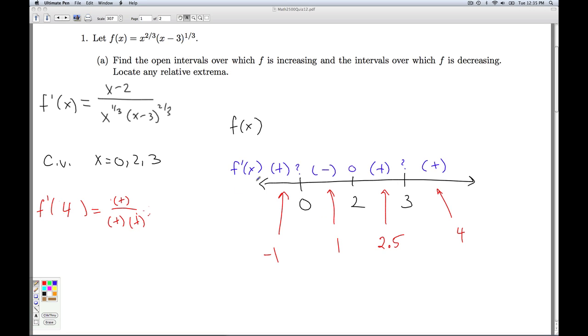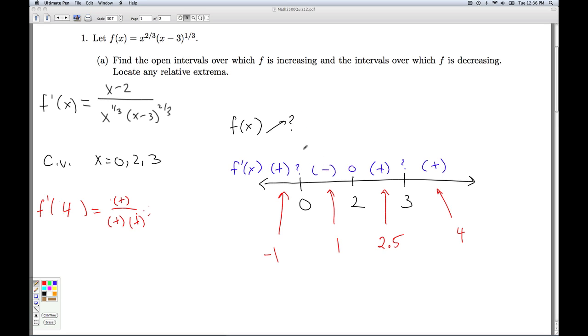Okay, so what's going on with the function f? On the interval from negative infinity to 0, the derivative is positive. That tells us that we're increasing. At 0, we don't know what's going on with the derivative. All right, so we got something weird happening there.